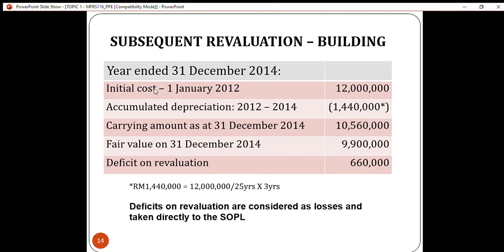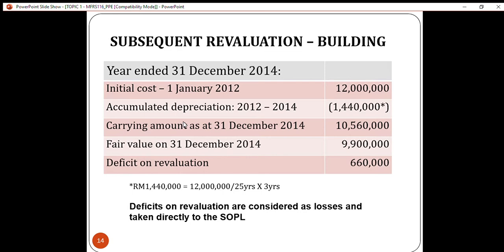So first, the initial cost. For the year ended 31st December 2014, the initial cost is 12 million. This is the initial cost of the building, minus the accumulated depreciation. Accumulated depreciation is for 3 years, from 2012 to 2014, and the amount is 1,440,000.